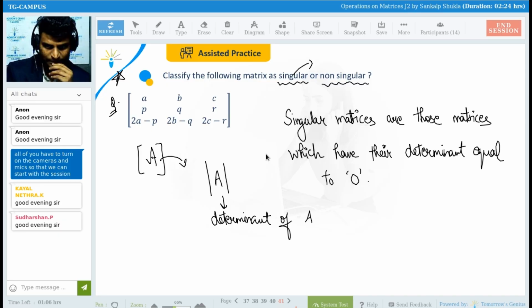Has anybody got the answer? Trivikram, you are finding the value of the determinant, right? Have you got the answer? Okay, just try.